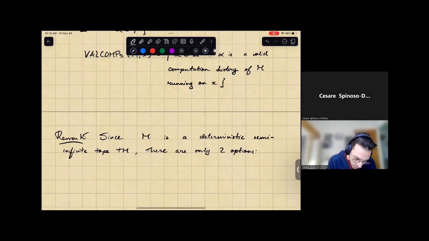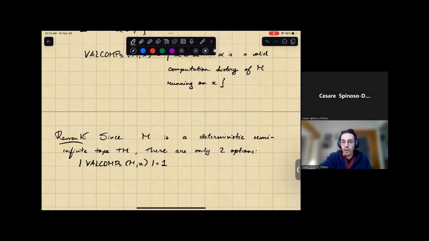So either the cardinality of valcomps MX is 1. It'll be 1 if M is running on X and at some point it halts, right? It has to be exactly 1, because if it were more than 1, then at some point, the valid computation history would start with the starting instantaneous configuration, and then it would keep going through all of the alphas, and then at some point it would diverge, right?